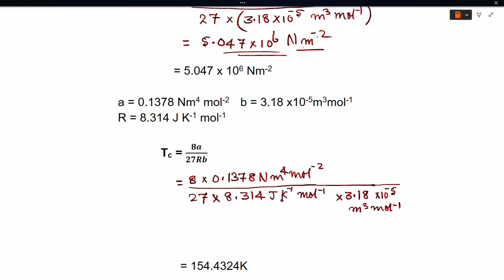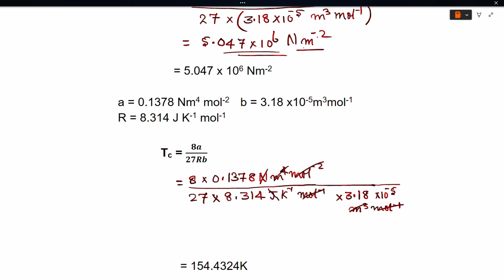Here Kelvin will be there, mole raised to minus 1 and mole raised to minus 1. Mole raised to minus 1 cancels, leaving mole raised to minus 2. Meter cube, here we will have to take it as newtons per meter, and that gets cancelled with joule, and there is only m to the power 3, and one of the meters gets cancelled, and this meter cube also gets cancelled over there.